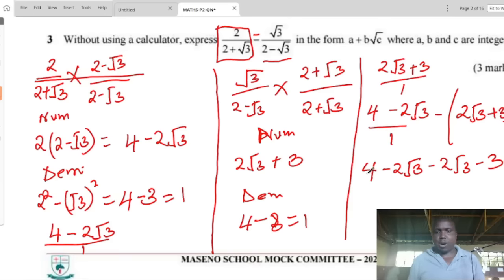That's why it is important. Now 4 minus 3 is 1. Minus 2 root 3 minus 6 root 3 is minus 8 root 3. Remember here there is over 1, so the denominator is 1. Anything divided by 1 is itself. So the answer is going to be 1 minus 8 root 3. And that is our answer.